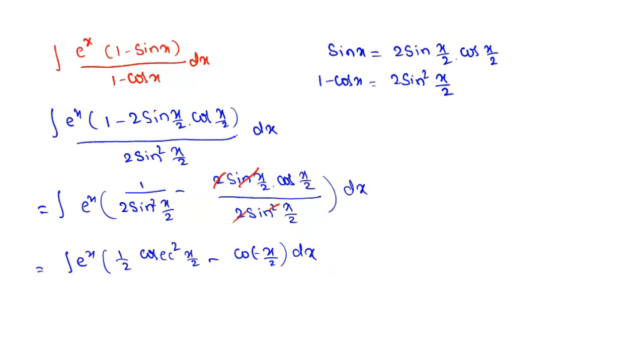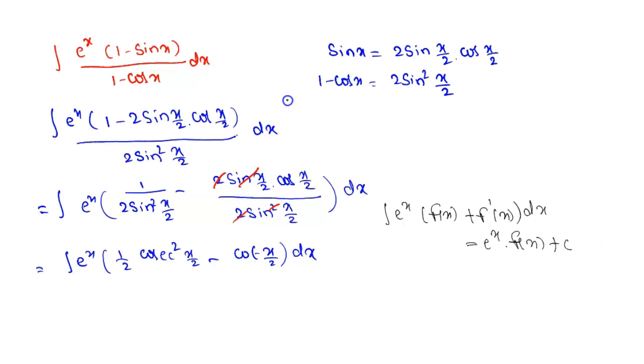In our previous class we have the formula: integral e power x into (f of x plus f dash of x) dx is equal to e power x into f of x plus c.